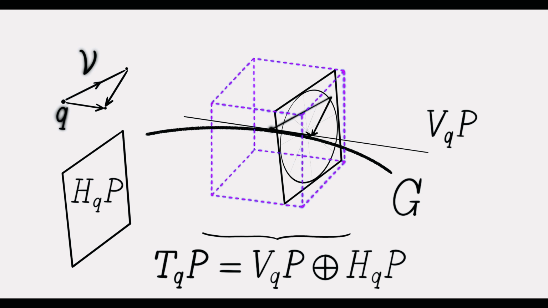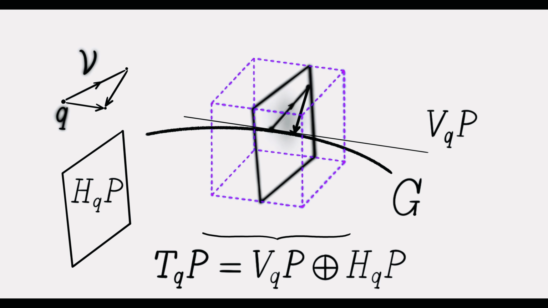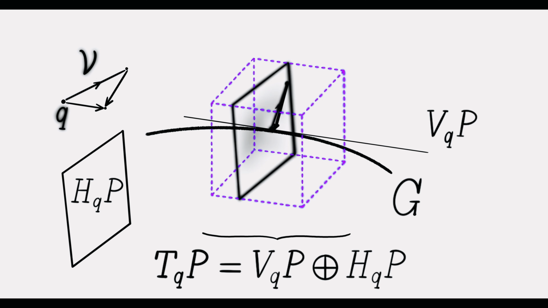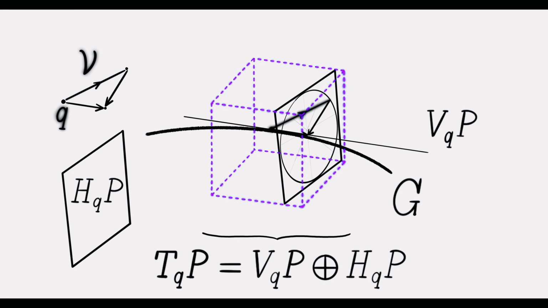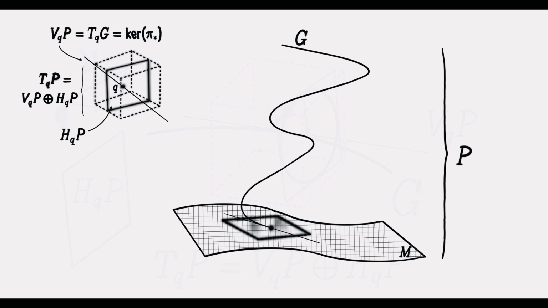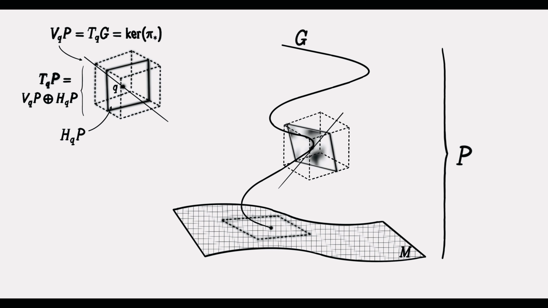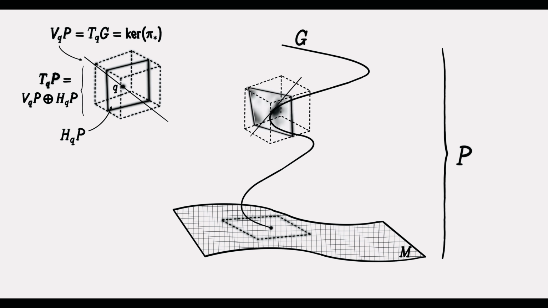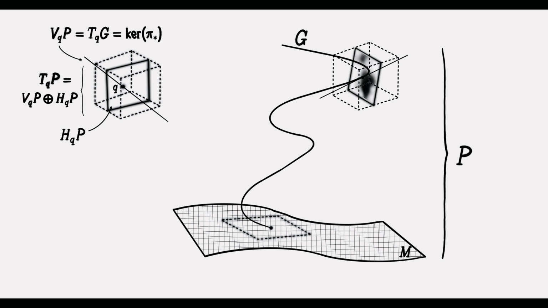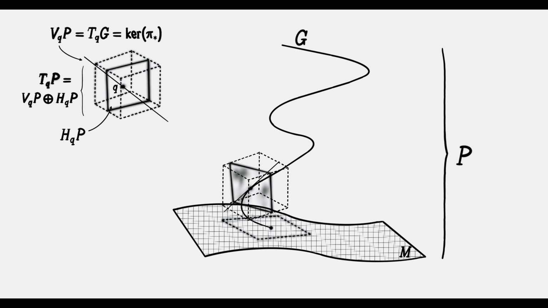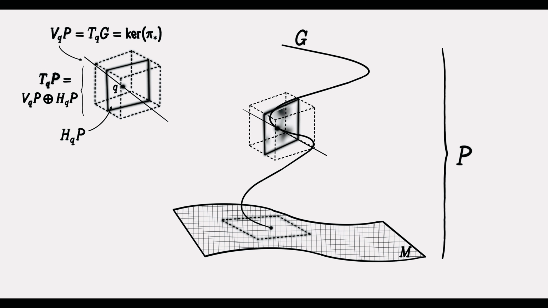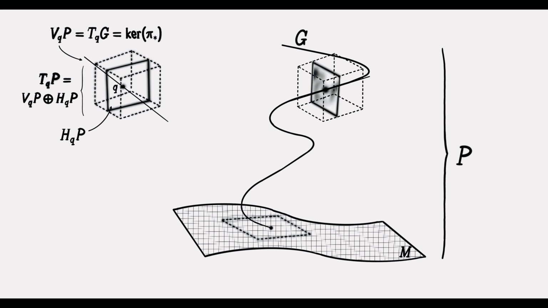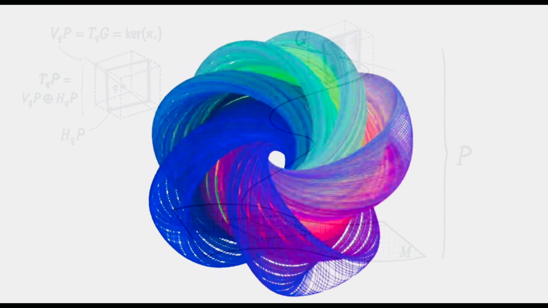First, the tangent space of a principal bundle P at point Q is equal to the direct sum of the vertical subspace and the horizontal subspace at Q for all Q in P. Second, the push forward of the horizontal subspace of the principal G bundle P at point Q by an action g of the structure group G is equal to the horizontal subspace of the principal G bundle P at the transformation of the point Q by the action g, for all g in G and Q in P.